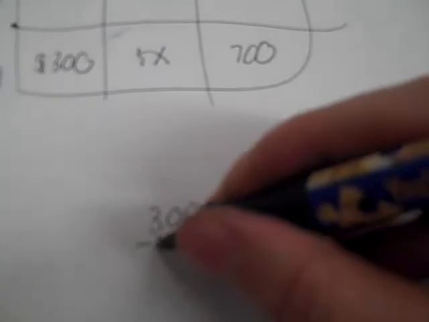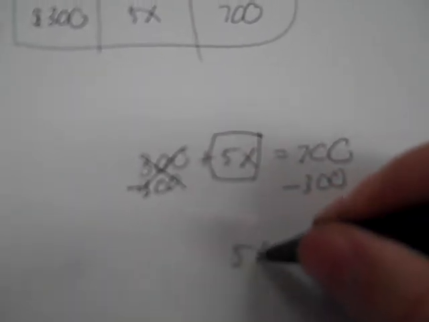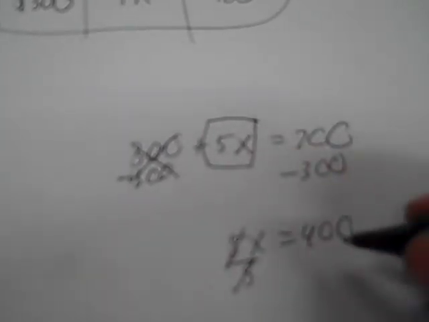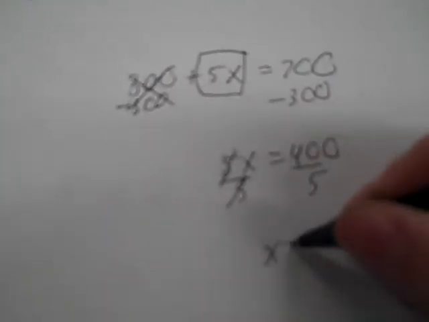So I've got 5 times x. Get rid of your 300 by subtracting. So 5 times x equals 400. Divide by 5. And x equals 80. So 80. Okay, next one.